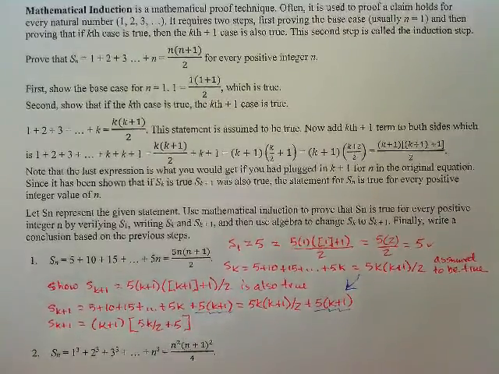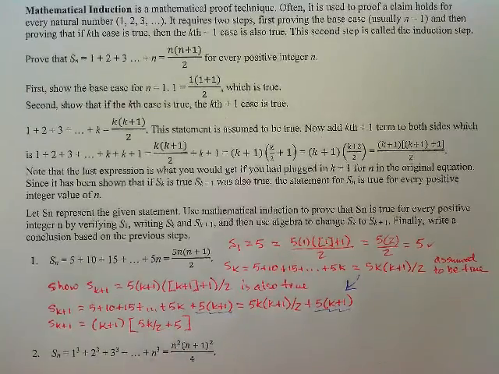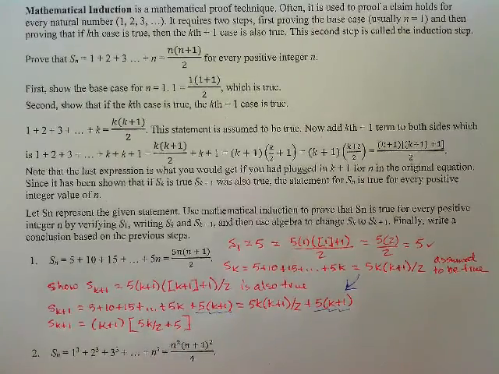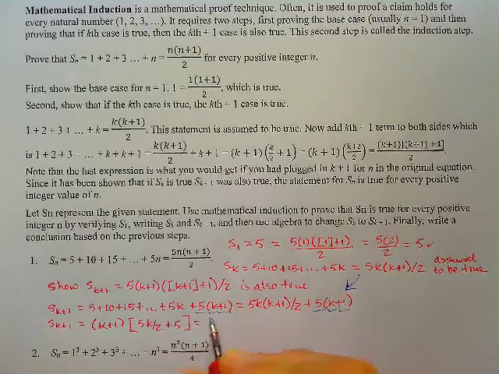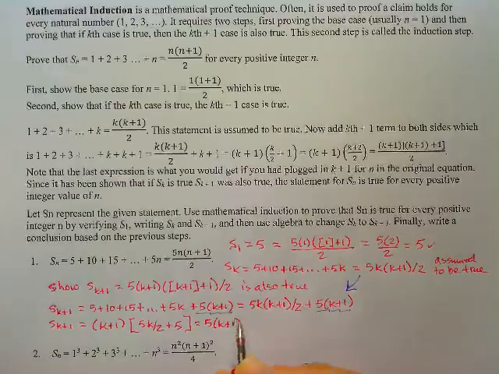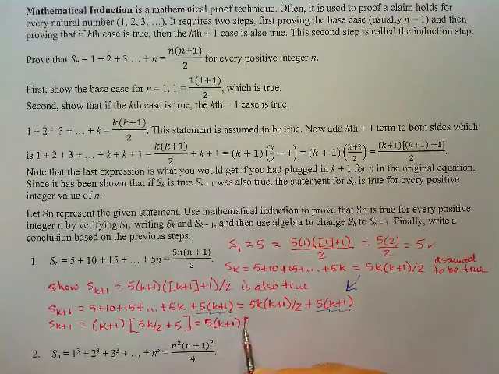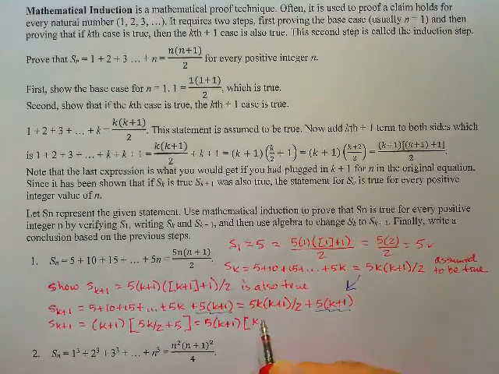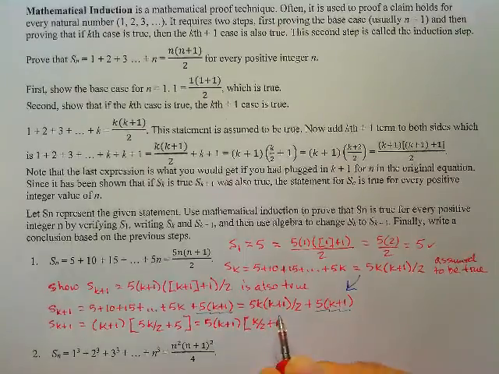Now I could have done this already, but these both have 5 in it, so I can take out the 5. So let me go ahead and do that. 5k plus 1. And then on the inside, I still have the k over 2 plus 1.